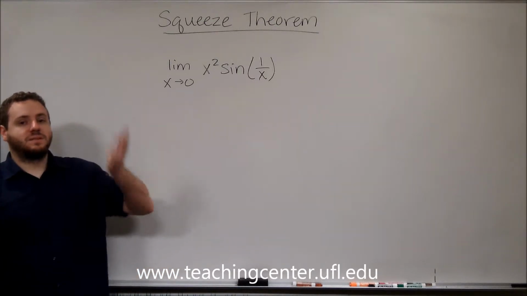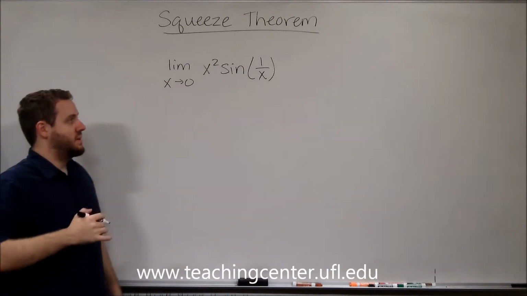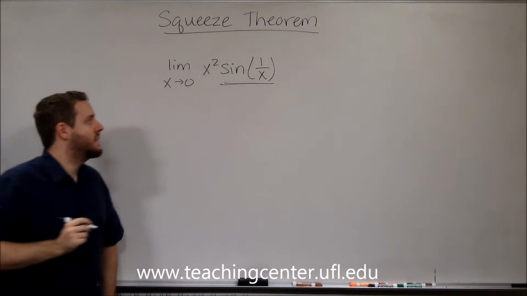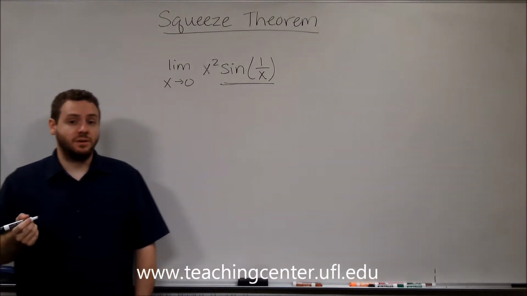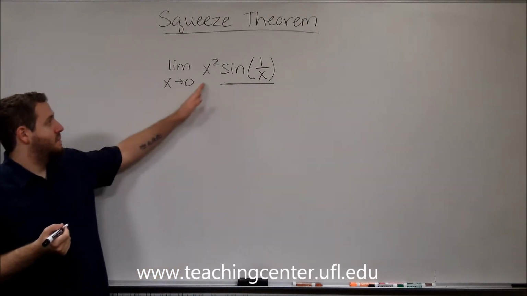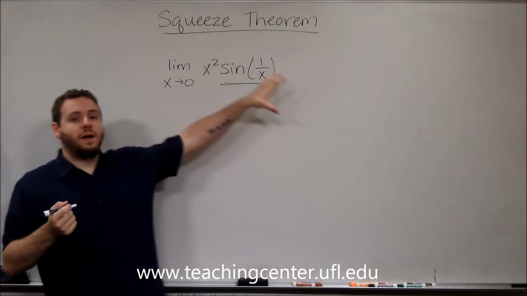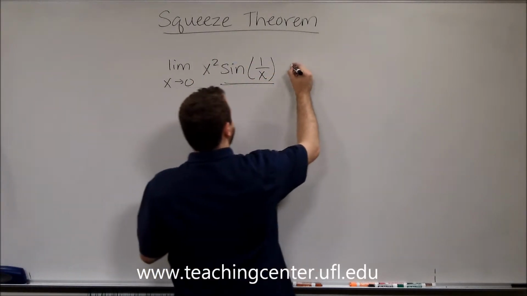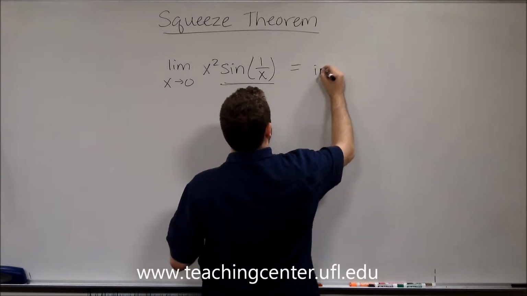So it never stops at any value. This part of the problem is giving you an indeterminate answer. So it doesn't matter that this part is 0. If you multiply times something that's indeterminate, your answer is just indeterminate. So by direct substitution, this is indeterminate.